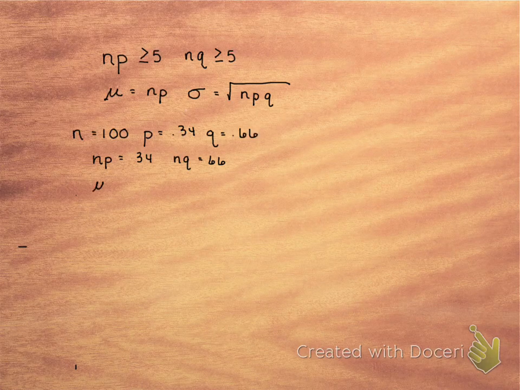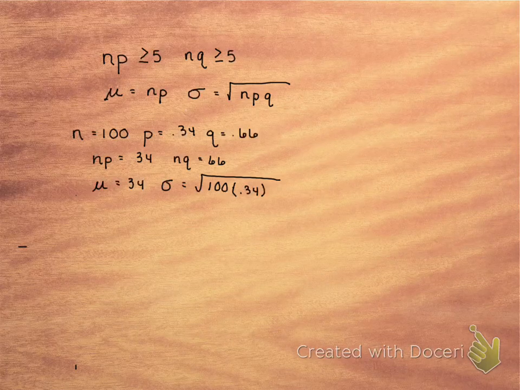So we can find the mean, which is n times p, and then the standard deviation, which is the square root of 100 times p times q. That gives us a standard deviation of 4.7. Eventually we are going to use that information to find the area or the probability of certain things happening.